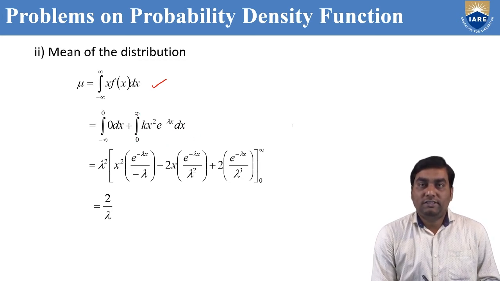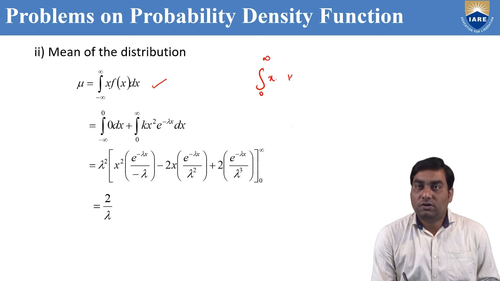But you take only 0 to infinity x into f of x, because f of x is defined only from 0 to infinity. See, 0 to infinity x into f of x is what? K x e power minus lambda x dx. K is a constant, we can take it outside.